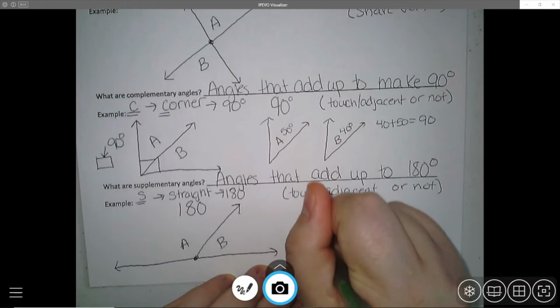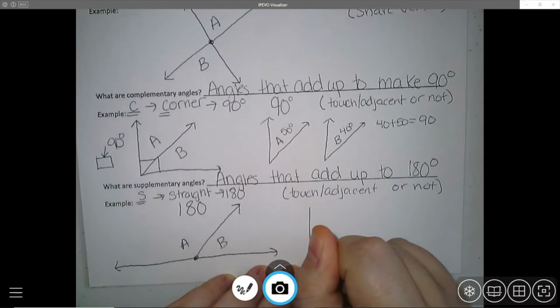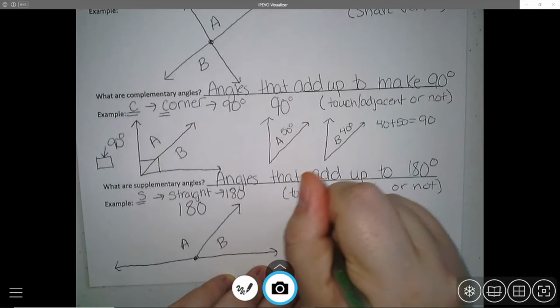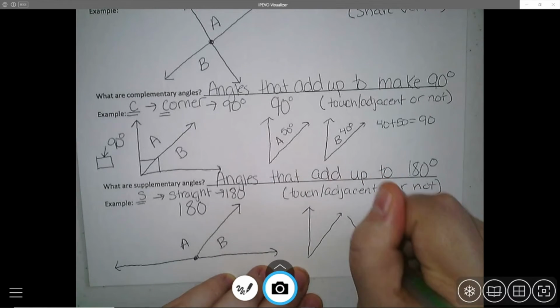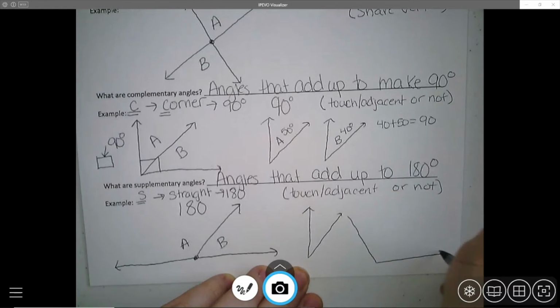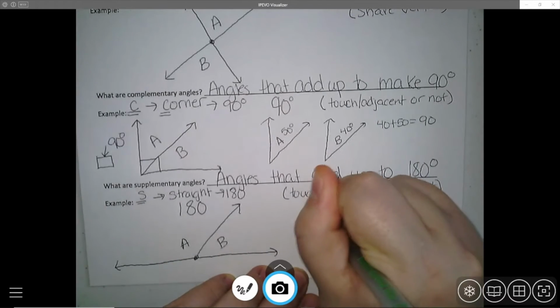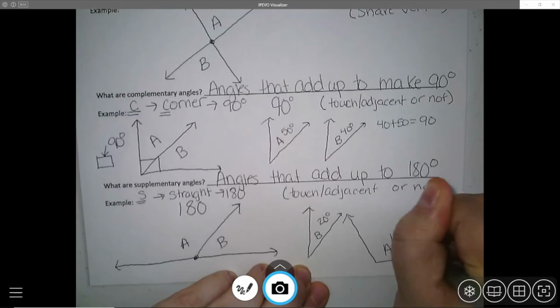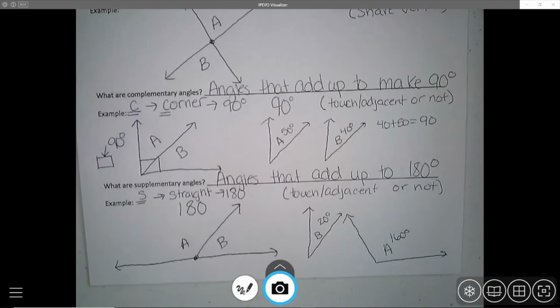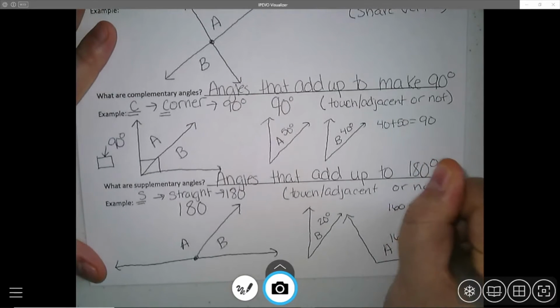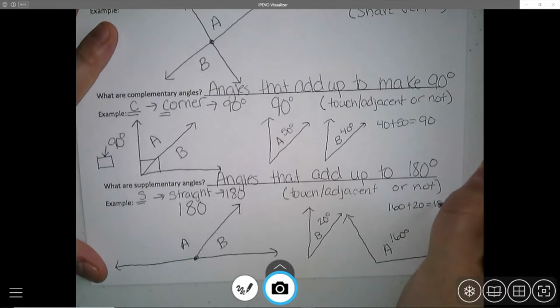Now, the other way that you could see this one is I have two angles, and I could put the degrees inside the angle. 160 plus 20 gives me 180.